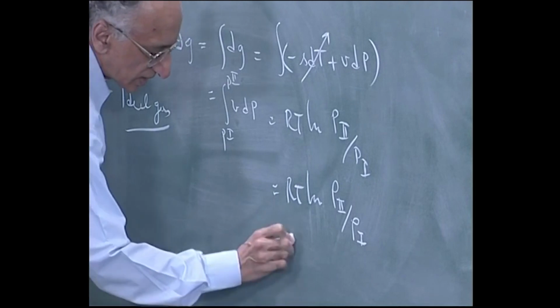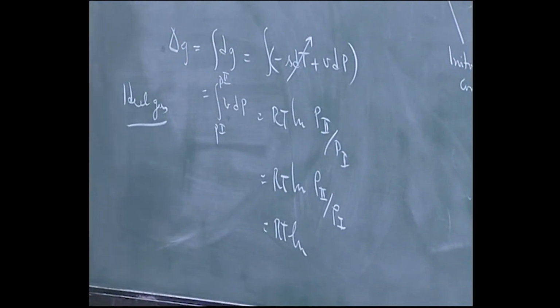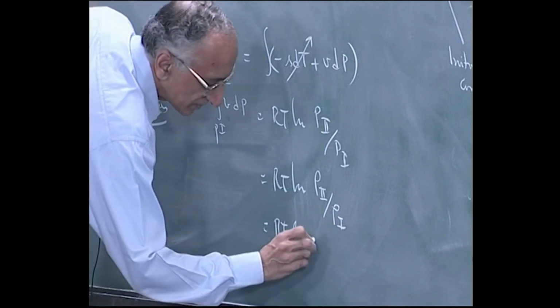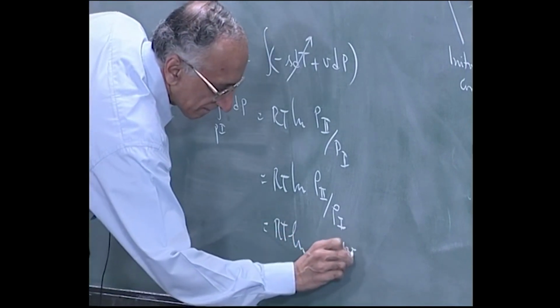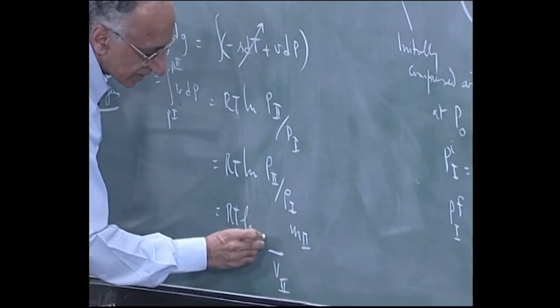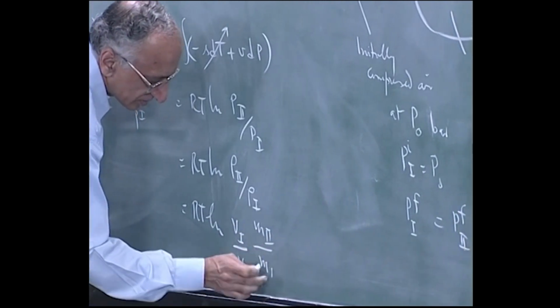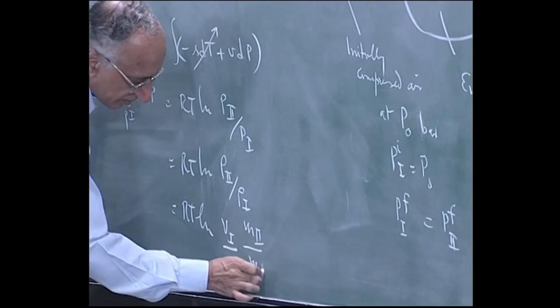This is equal to RT ln, the density is simply mass in tank 2 by volume of tank 2, and this is volume of tank 1 by mass in tank 1. Mass in tank 1 is M minus M2.